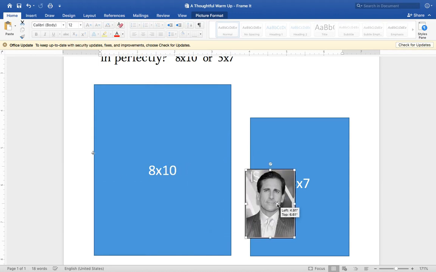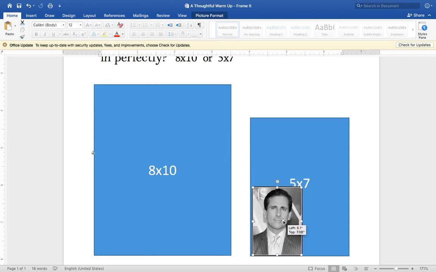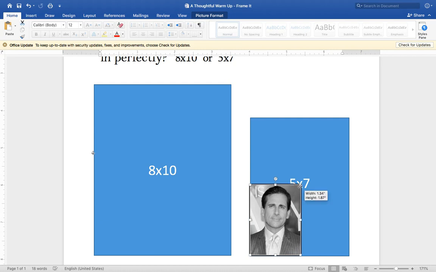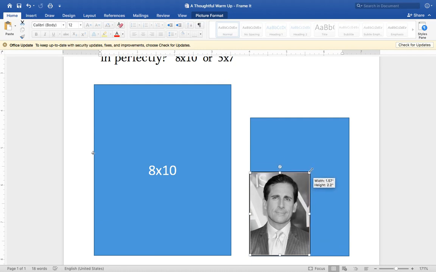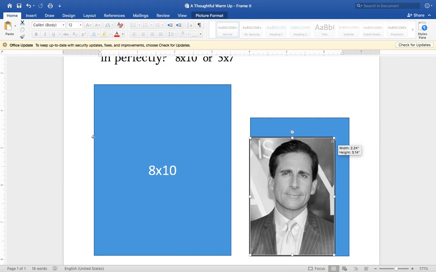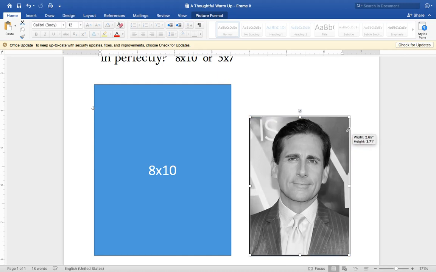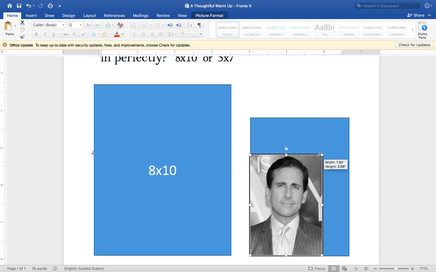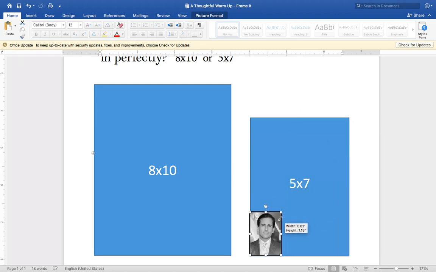Now, if I take it over to the 5 by 7 and grow it, maybe we're doubling the size, we've tripled the size, we've quadrupled the size, and here we see that it fits perfectly. So this original picture was a miniature version of a 5 by 7. We just had to scale the picture up by a couple factors.